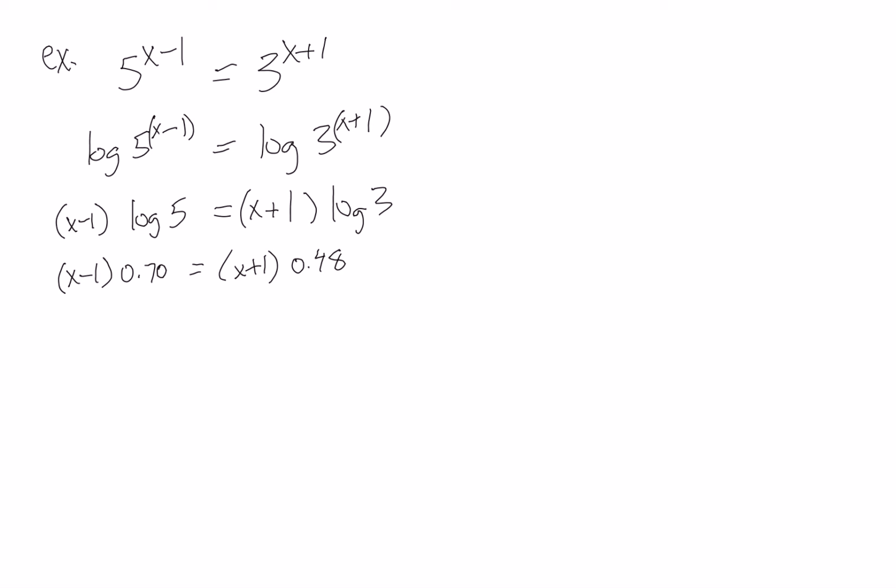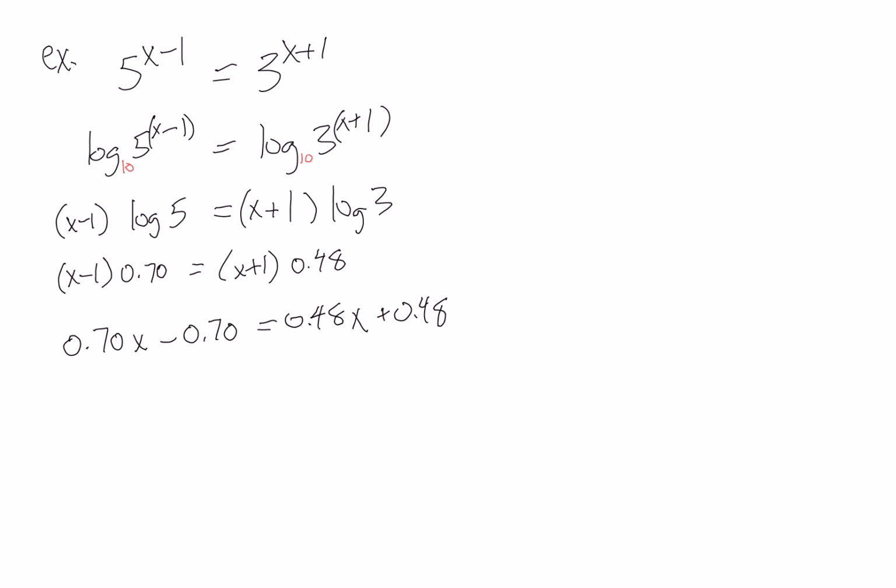Okay. Remember, by doing the log on both sides, we're just going to assume it's log base 10. So we don't ever have to worry about doing any kind of division thing. That'll make the question easier. So now once we FOIL these out, we'd have 0.70x minus 0.70, and on the other side we have 0.48x plus 0.48.